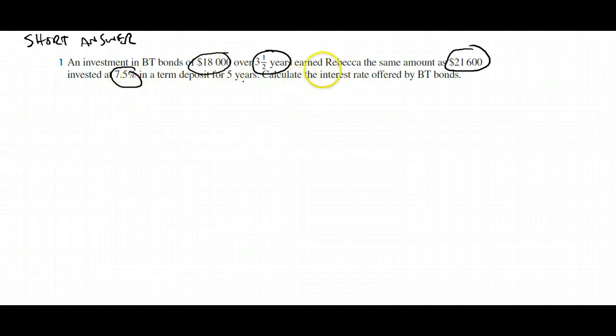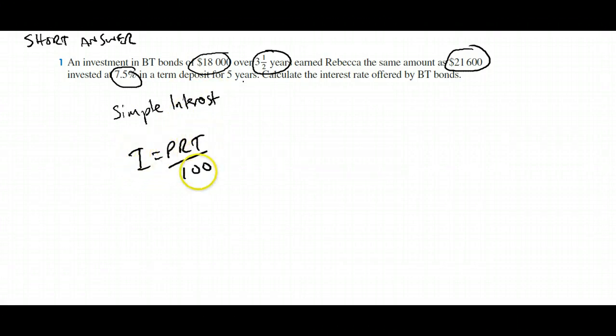Okay, now again this question doesn't specify whether it's simple interest or compound interest. So given the absence of any other information, I think we'll just assume that it's simple interest. Okay, so simple interest is I equals PRT over 100.